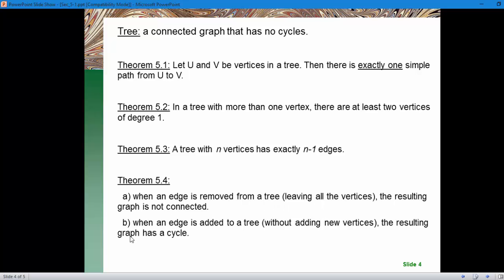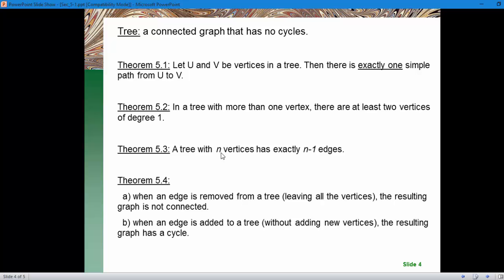Let's take a look at part B. When an edge is added, let's say you have all the vertices of the tree and a bunch of edges, and if you add an edge, just pick any two vertices and you put an extra edge between them, then the resulting graph has a cycle. And why is that? Well, again, when you add an edge, you're violating theorem 5.3.